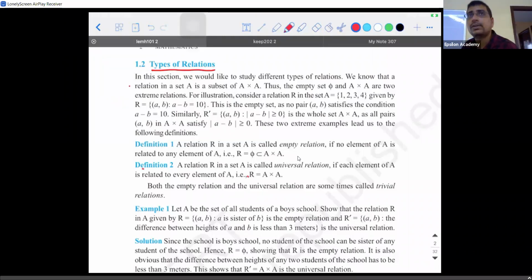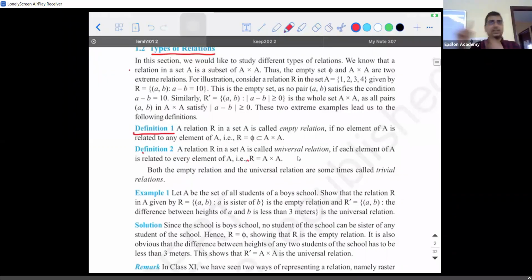For the types of relations, you're not going to define a Cartesian product between 2 sets. Rather, you do it between the same set with itself. That is why every definition in your 12th standard will only say a relation in set A. They will not say a relation in sets A and B. Every statement starts like this. So that is the first definition. If you look at the 11th and 12th textbooks, things completely change.